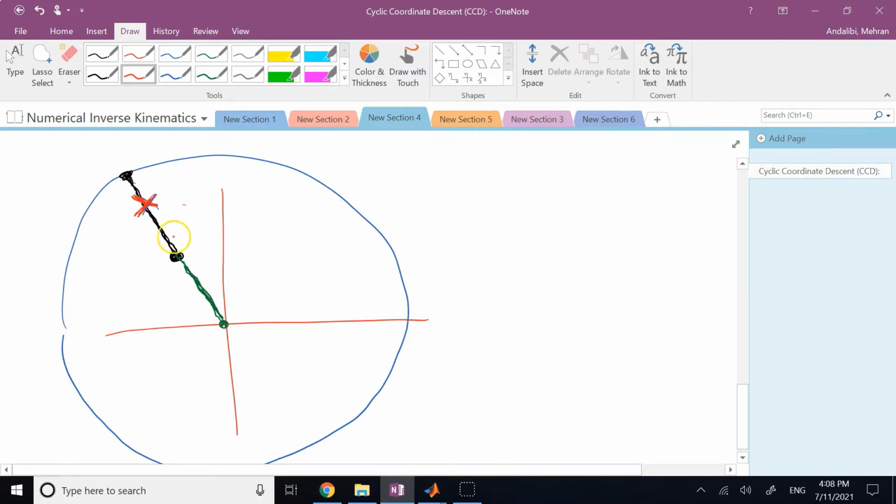So when you try to rotate them to bring this end effector closer to the target, you don't need any rotation. That's the closest you can get. So your algorithm will lock here. It will not move anymore, although you have this much distance. Again, that's when your end effector falls on the boundary of the workspace.